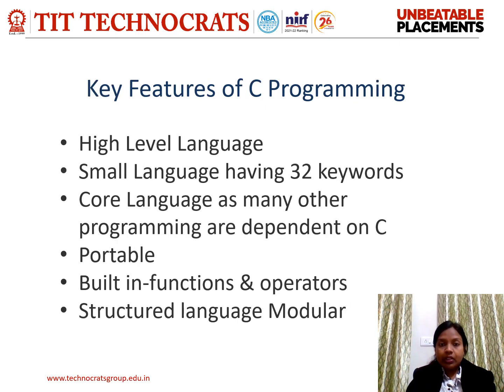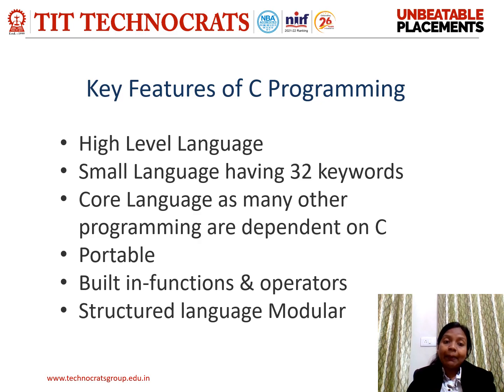What are the key features? It is a high level language, a small language having 32 keywords. Okay. Core language, as many other programming languages are dependent on C. It is portable. What does it mean by portable? Means the code which is written in CPU 1, we can execute that code in CPU 2.